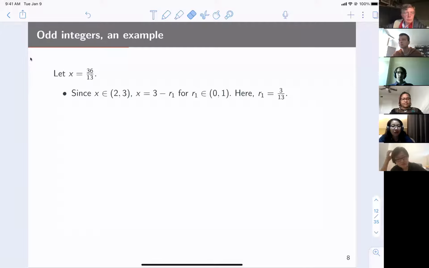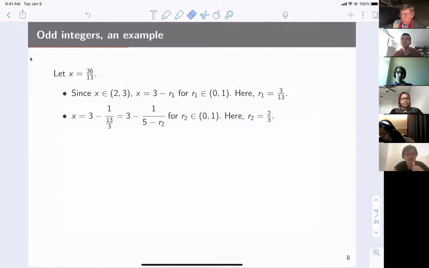If we start with some rational that I pick here, we see that it's between 2 and 3. Well, that means that instead of going to 2, which is what we were doing in the regular continued fraction case, now we round up to 3, which means we have to subtract our error. And then again, we repeat this process.